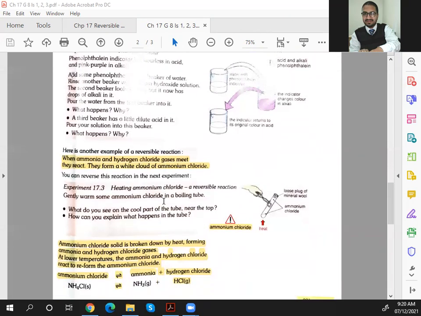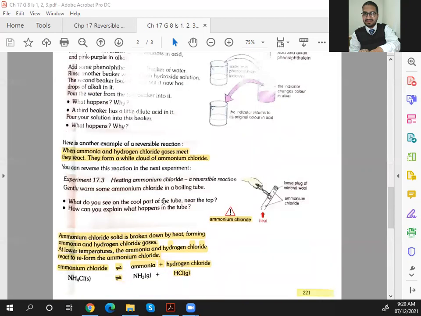So let's start to see this one. For this, I'm going to request Ahmad, can you read please? When ammonia and hydrogen chloride meet, they form ammonium chloride.